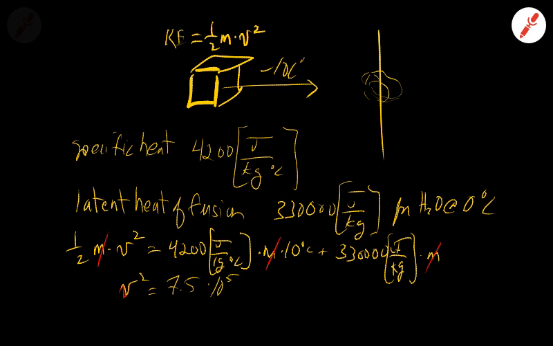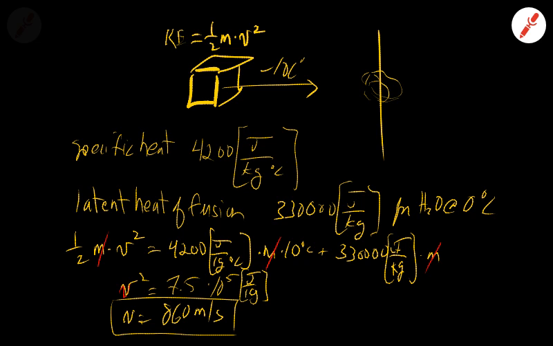Excuse me, joules per kilogram, which is also meters squared per second squared. And so now I get a final speed of the square root of this, and the square root of the answer is about 8.6 times 10 to the 2, or about 860 meters per second, which is somewhere around 1,800 miles an hour.